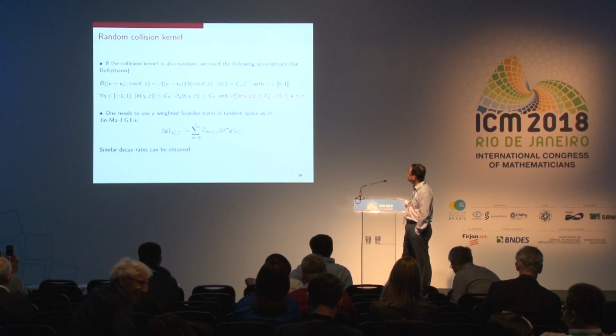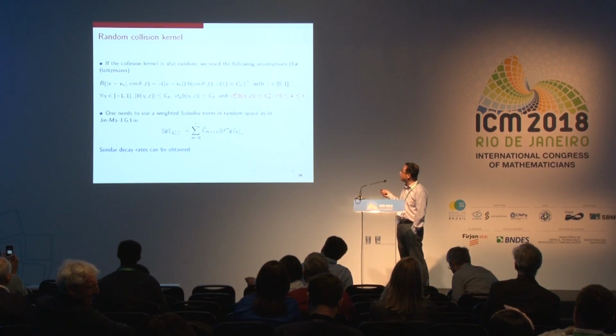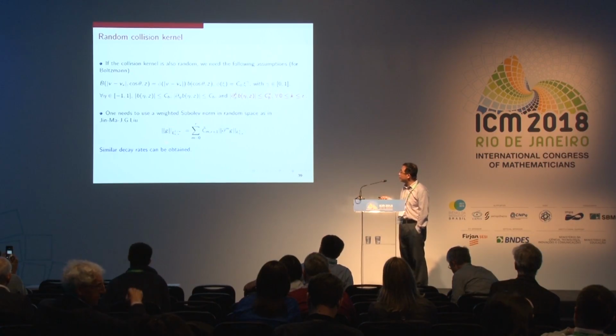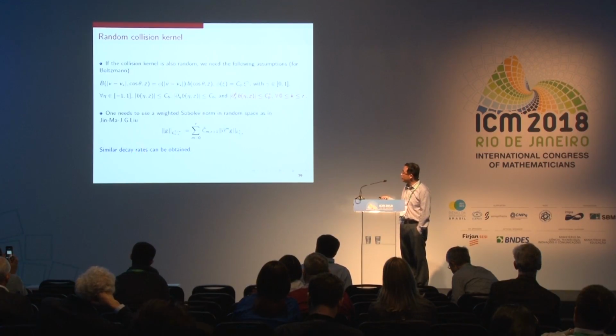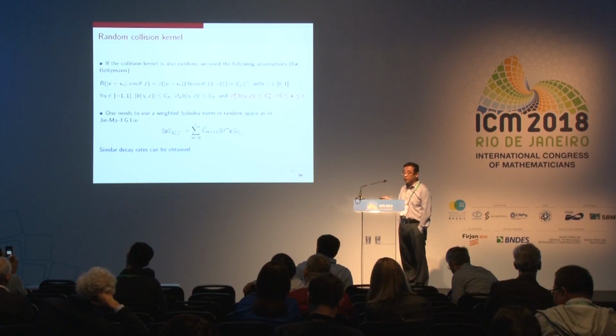So we have to make some assumptions on this B. I assume that it is bounded in some Sobolev norm. Then we have to use some weighted Sobolev norm, which we also used for the linear transport equation with Jiangguo Liu. Then we get similar decay. Even for the random collision case, we get a similar decay in the long time.